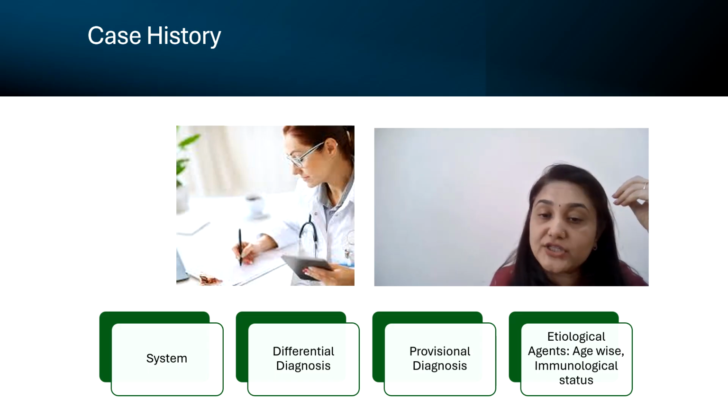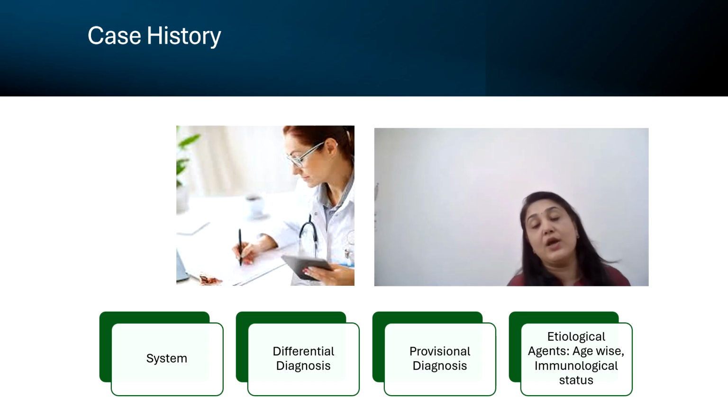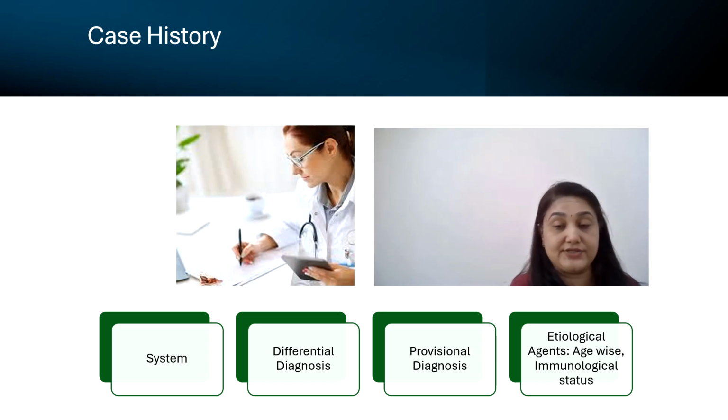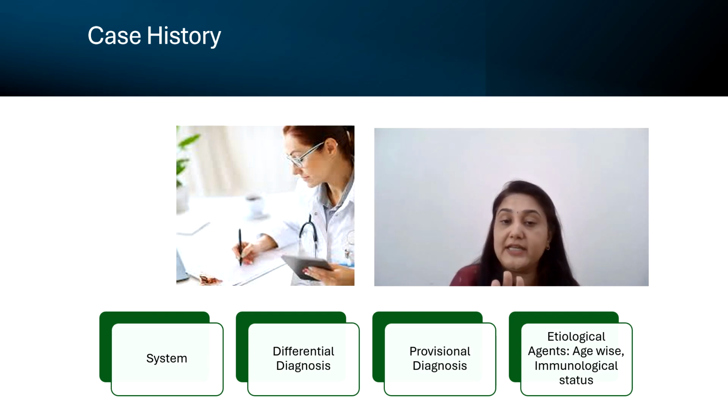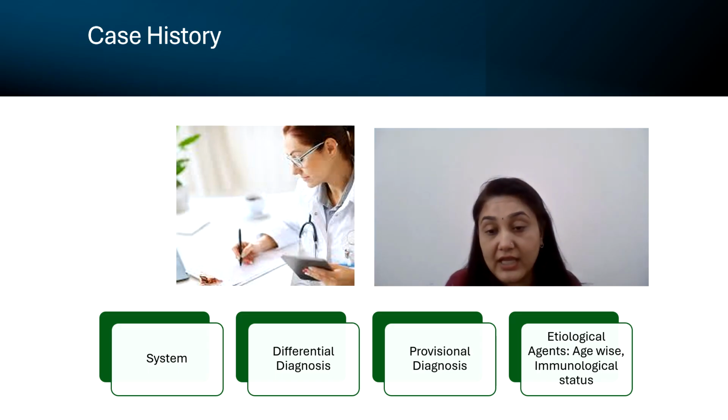The next question goes like, what are the various etiological agents associated with this particular case history? Various organisms would be there, but the etiological agent depends on age. We know in neonates there are certain organisms that cause meningitis.